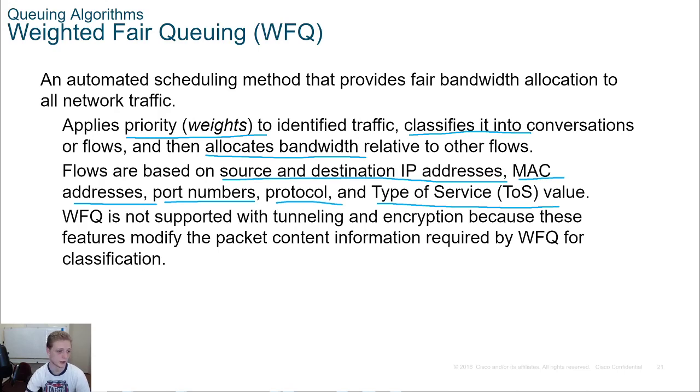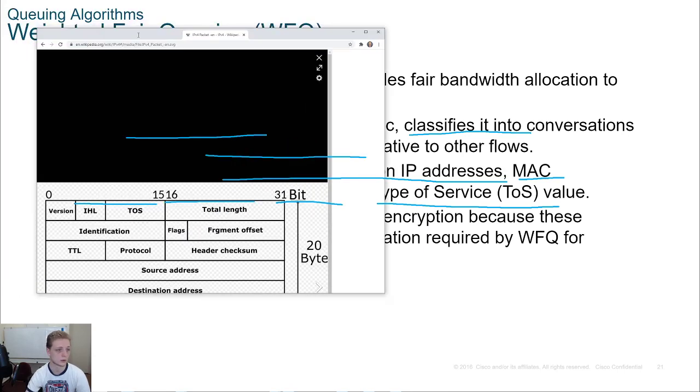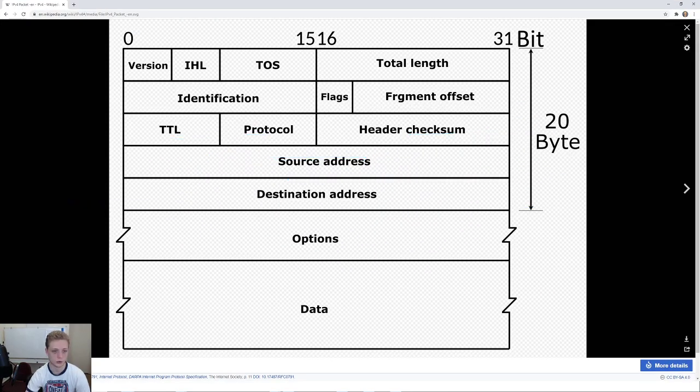Now these can all be found in your packet header. So the one we're really concerned about in QoS is this type of service field here. And this, by the way, I should have let you know, this is an IPv4 header, right? So we're talking about layer 3. So all these addresses here, they're going to be IP addresses, right?